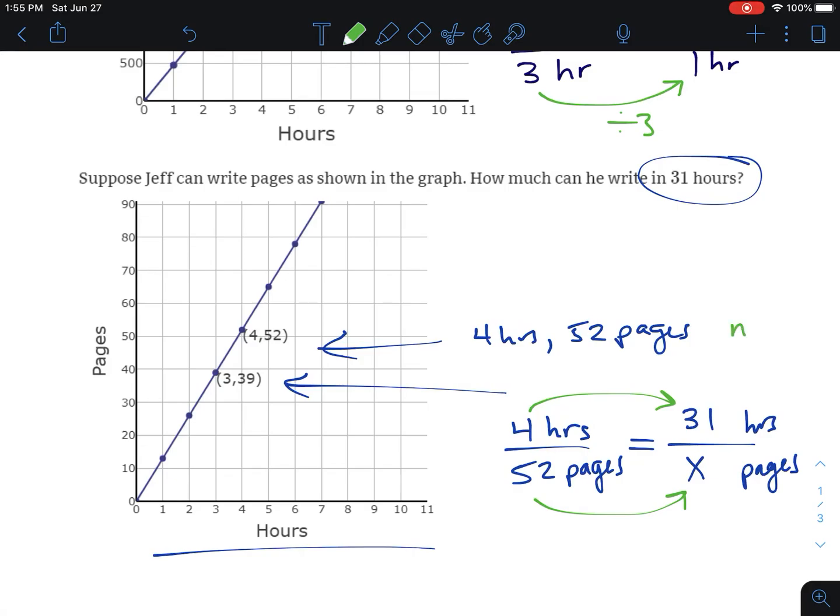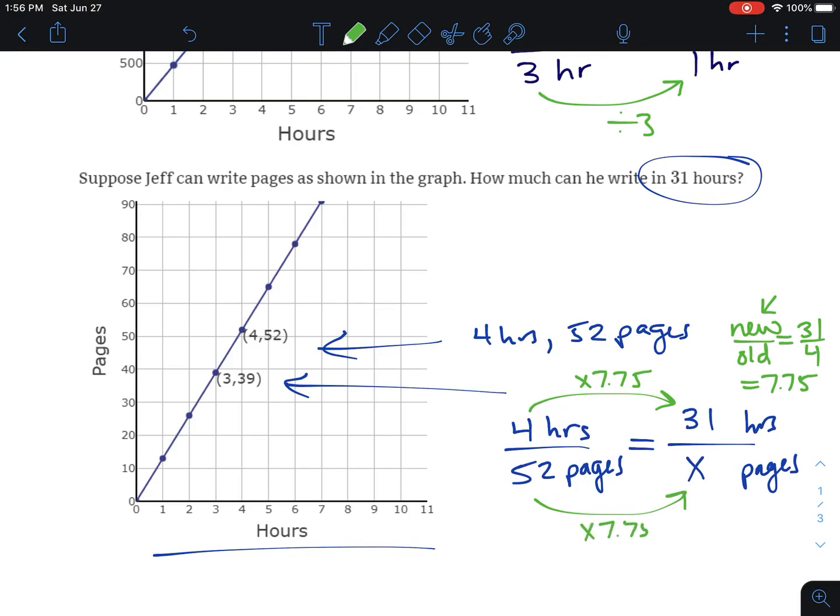To find a scale factor, we do the new one divided by the old one. So the one that we're pointing at is always the new one. So 31 divided by 4 will be our scale factor. So we just type that in, 31 divided by 4 gives us our scale factor of 7.75. Now, if you get a crazy decimal for your scale factor, that is okay.